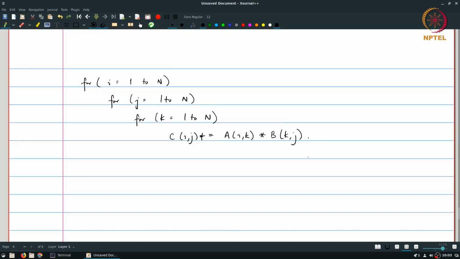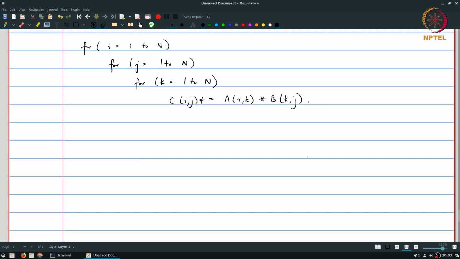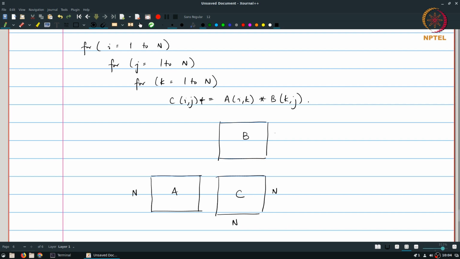What does this mean graphically? Let's try and visualize what exactly we are doing over here. The resulting matrix C needs data to be read from A and B. Of course, we have chosen the option of them all being n cross n just to keep things simple. So what does that mean?